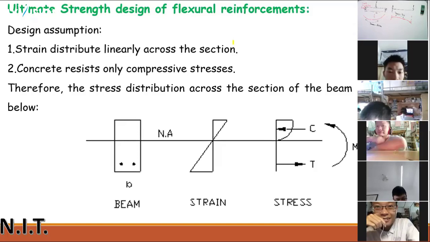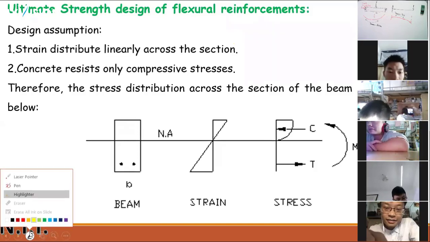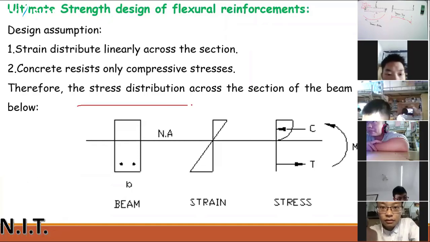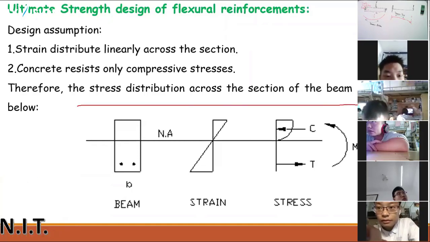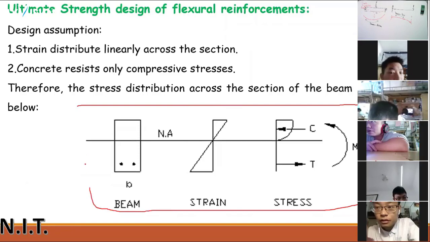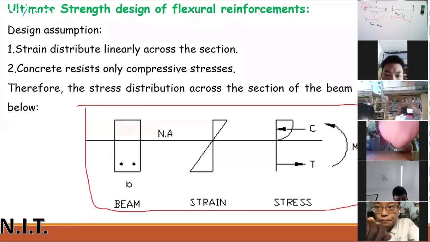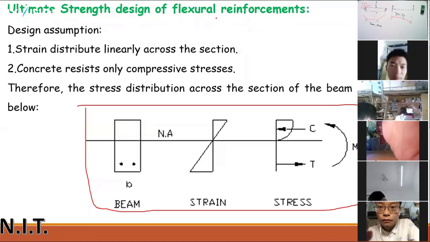I don't know. This diagram is basically a Whitney stress block. Clear?